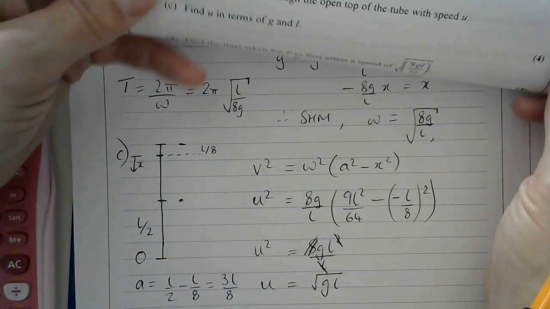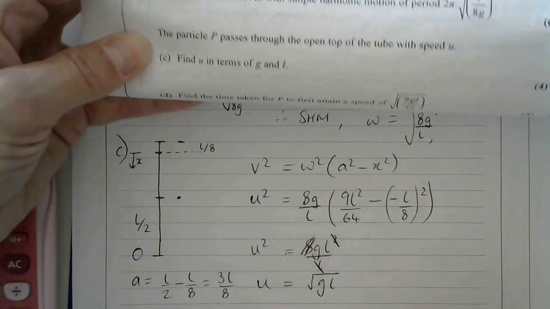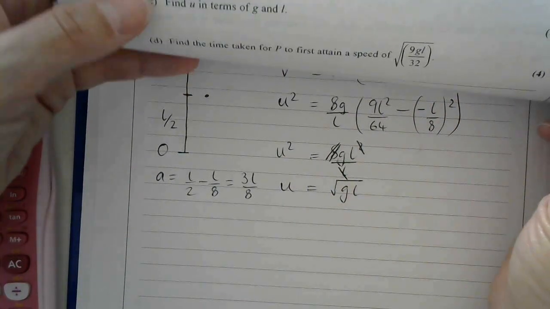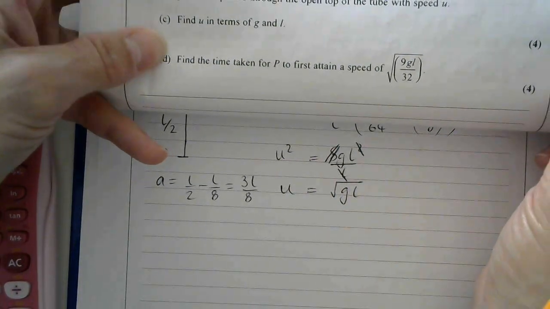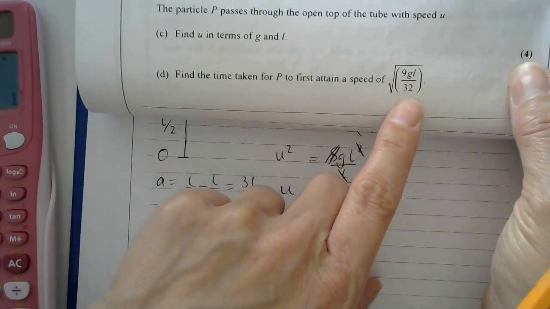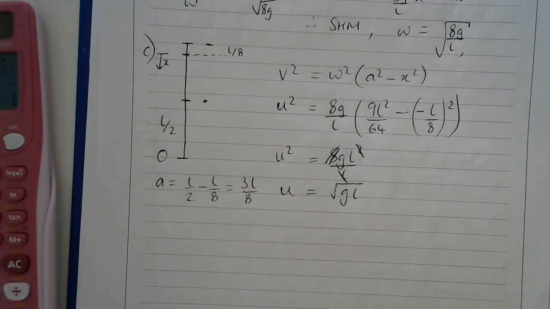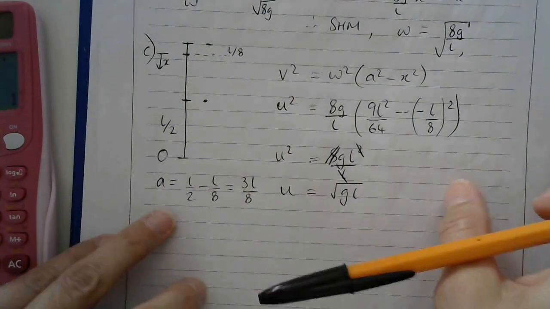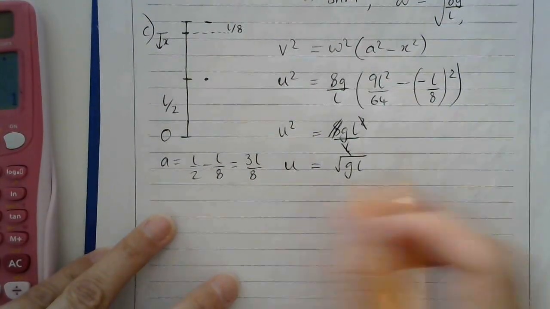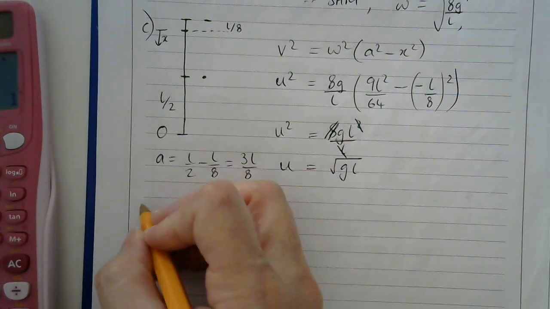Okay, so now I've also done part C, and I found that value of u, which is root gL here. And for the last bit of the question, it says find the time taken for P to first attain a speed of this. So here, if I'm interested in speed, I'm looking for the relationship between the time and the speed.